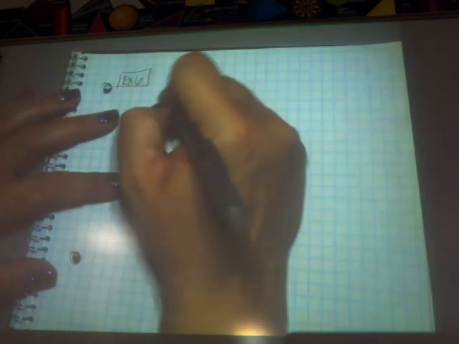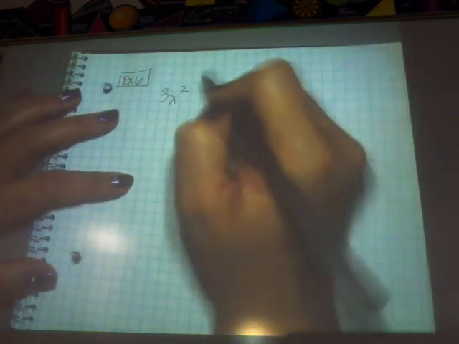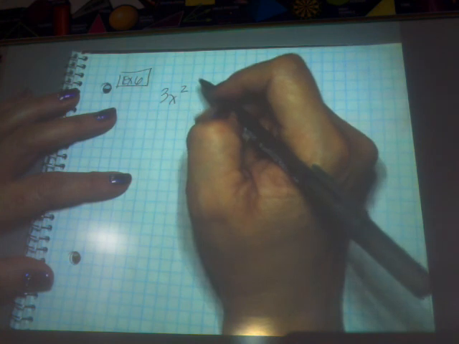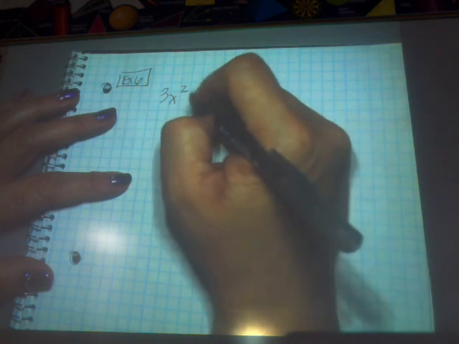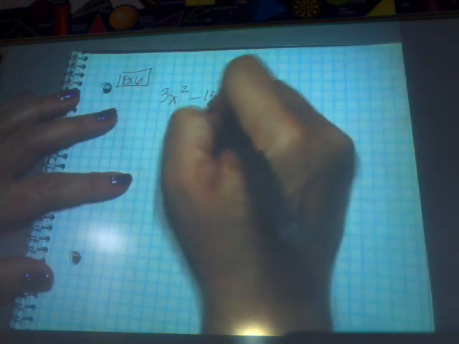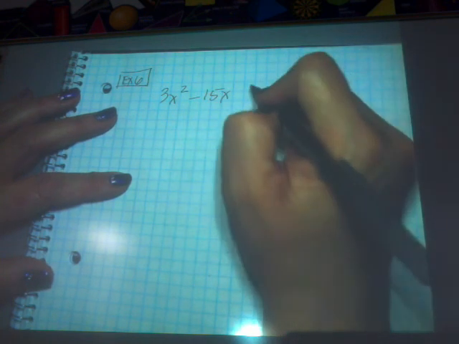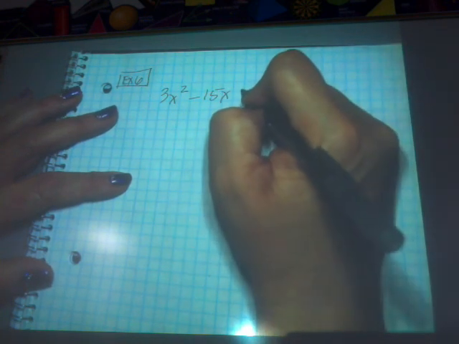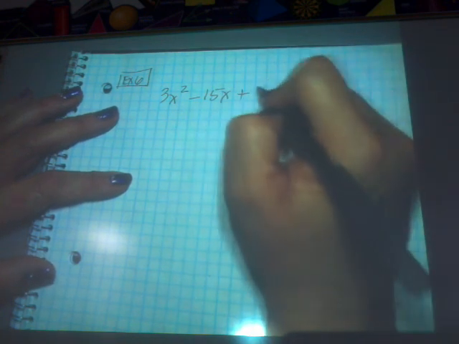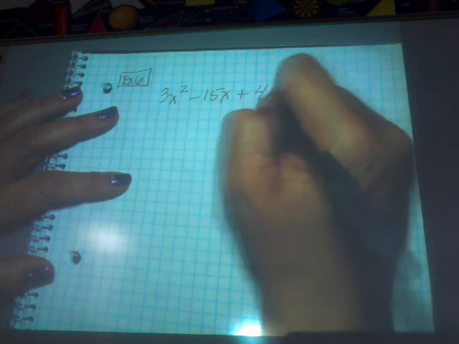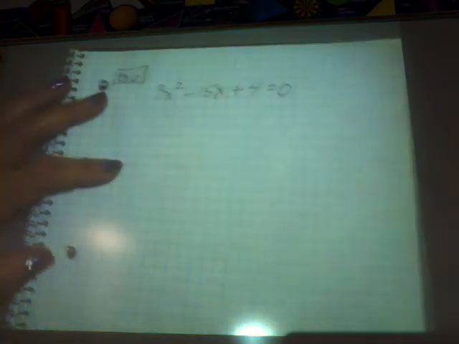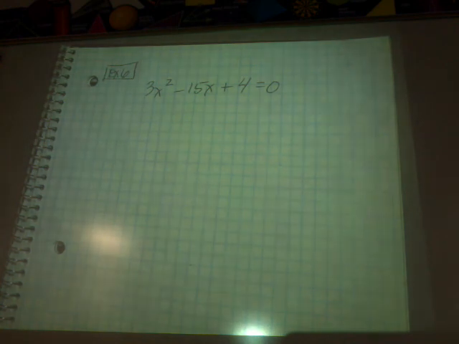So this time we're going to have 3x squared minus 15x plus 4 equals 0. So what's one thing that's wrong?